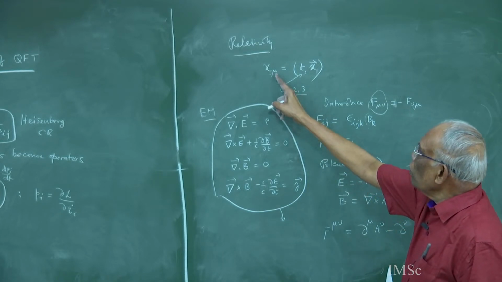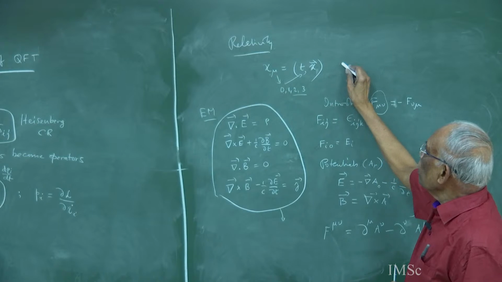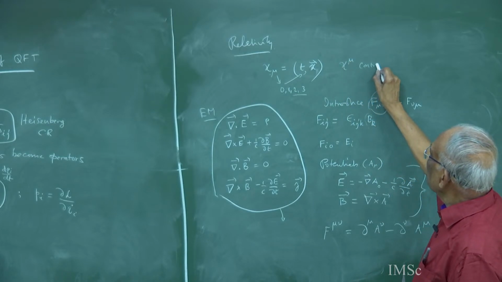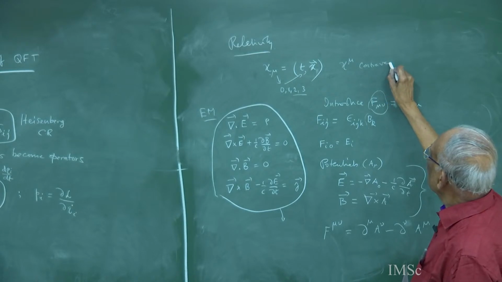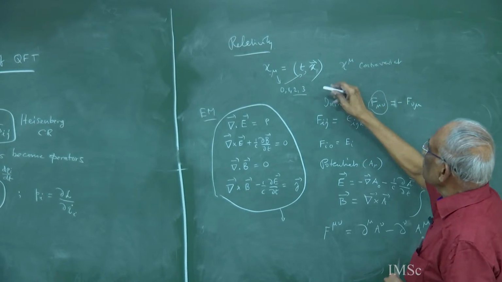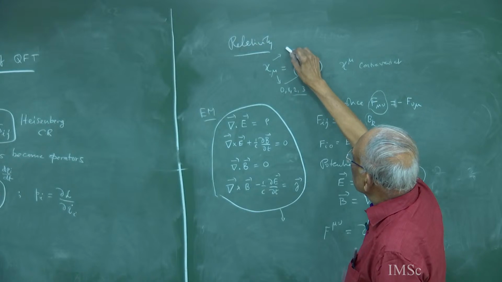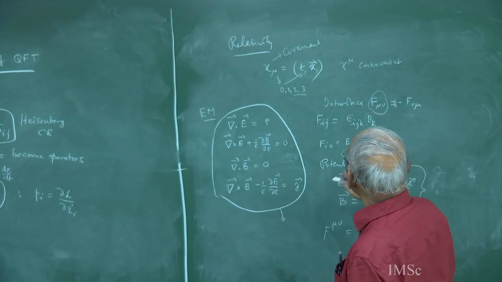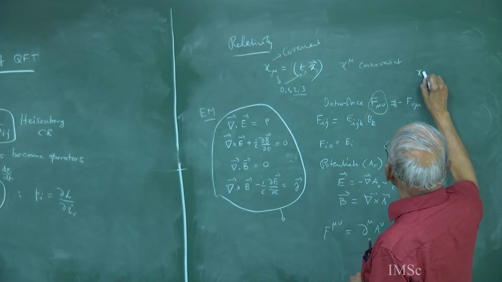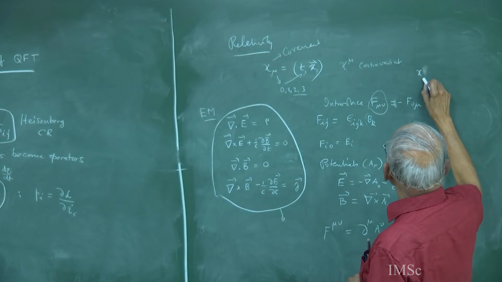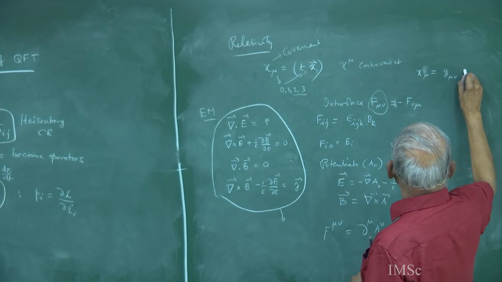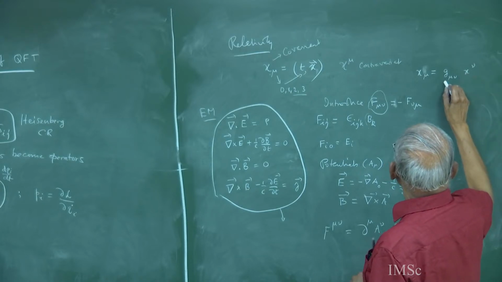If you write mu below, it is called a covariant vector, and x mu is called contravariant. And this is called covariant. These are all notations only, and they are related by this equation: x mu is related to x nu above by the metric tensor.